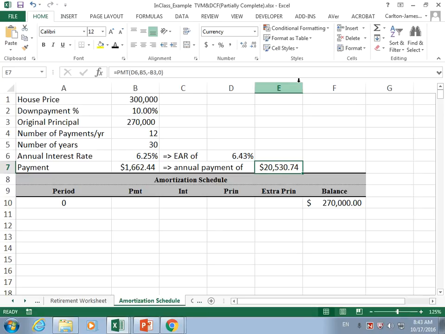Okay, and now we want to set up a table here that shows what your loan balance will be at the end of each month and how much interest you're paying each month and how much principal. So we'll have this period here.